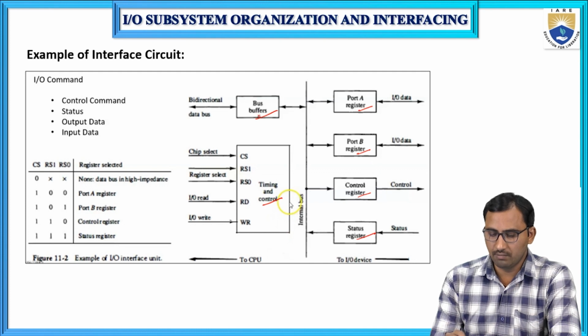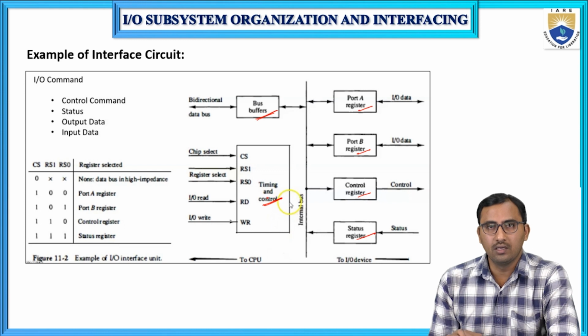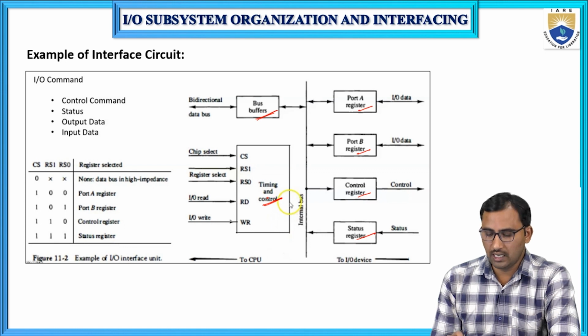And the buffer, in the buffer we can store some data. The timing and control circuit will generate different timing and control signals in order to synchronize all the different modules inside the interface circuit.